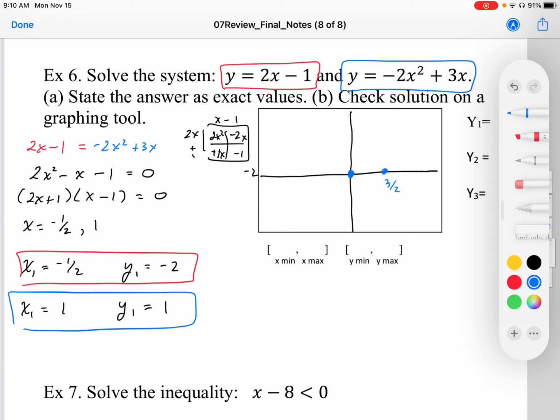So it's going to be 3/2, positive 3/2 as the other solution. And we're going to end up with a parabola that's upside down. So it's going to look kind of like this through there. 2x minus 1 is going to be, actually, I want to trim this a little bit. This is a funny shape here.